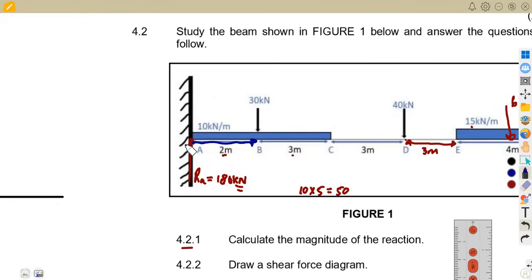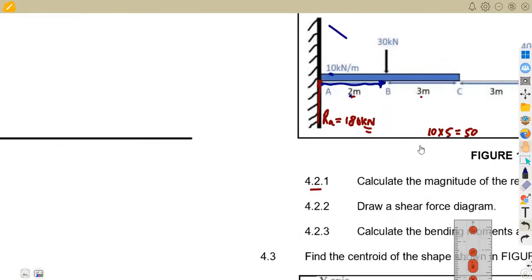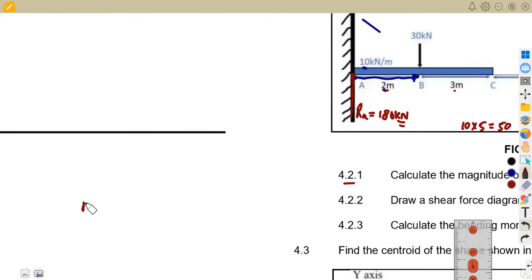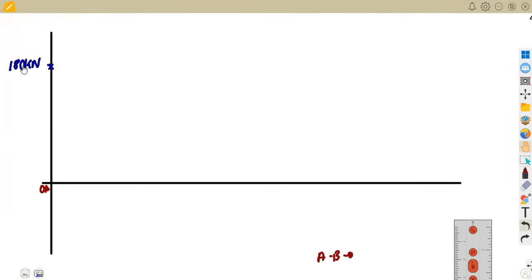Between A and B, we've got a distributed load of 10 kilonewton per meter for 2 meters. So we are going to subtract, and a distributed load on the shear force diagram is given as a slanted line like this. So we are going to subtract 10 kilonewton times 2 meters from 180.